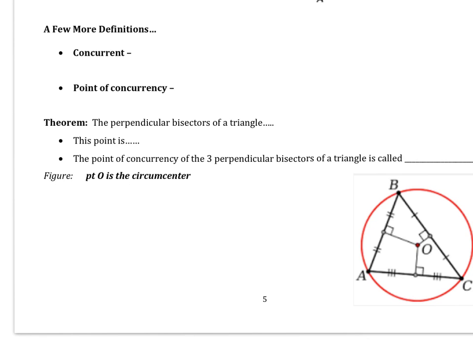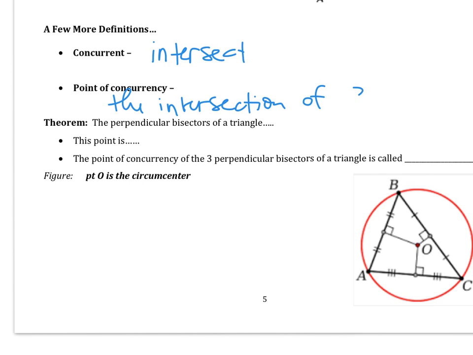We're going to interpret it in terms of geometry as where they intersect. So our point of concurrency is going to be the intersection, in our case, of 3 lines.